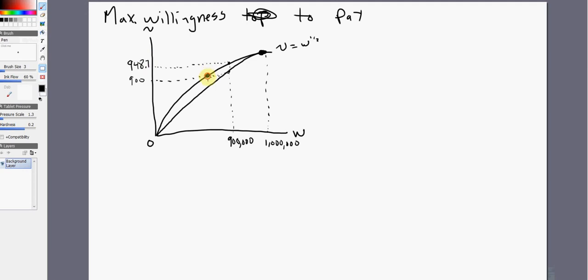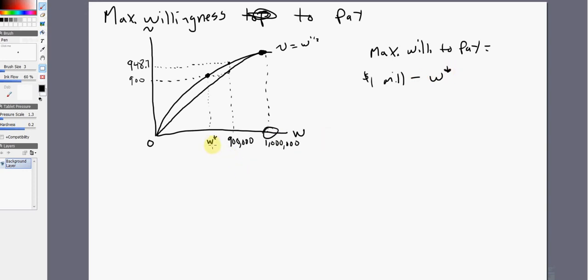This is going to be the crucial value in the maximum willingness to pay. I'm going to try to find this W star here. Okay, and the maximum willingness to pay then will equal the following. It's going to be 1 million minus W star.